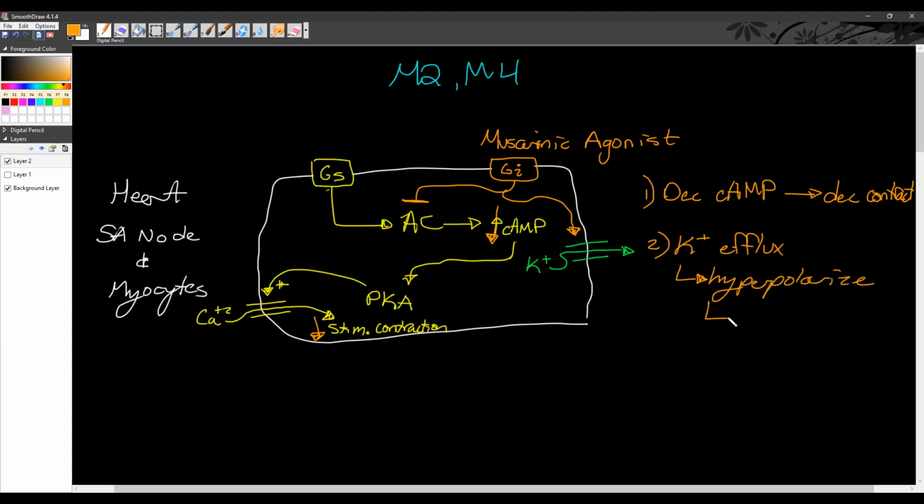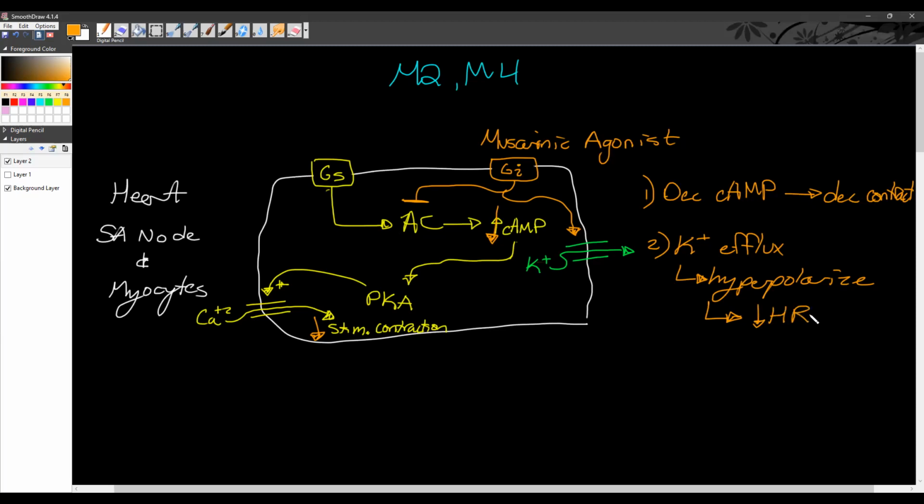And what is the effect of hyperpolarizing the cell? What is that going to do to the heart? Activity decreases. Which specific activity? What measurement would it be? Would it be SA node firing? Exactly. Yep. So we're going to decrease the heart rate, right?